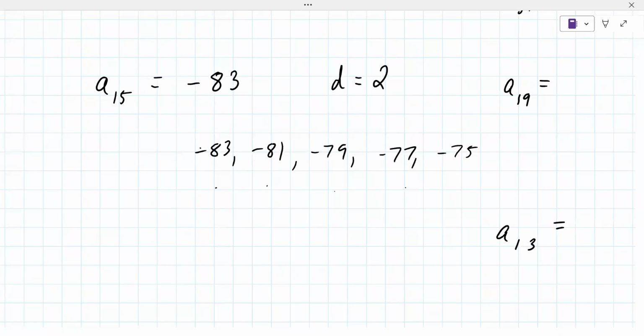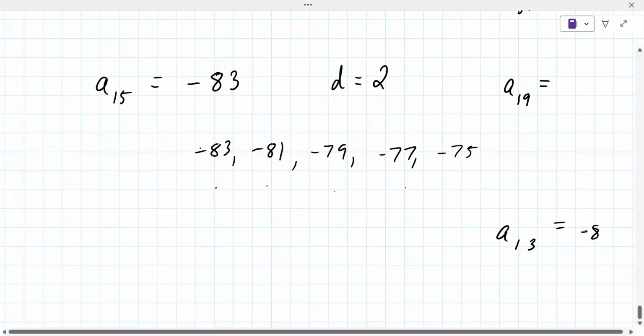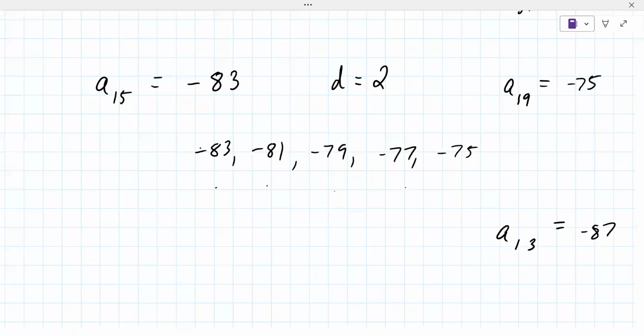So negative 83 minus 2, negative 85. Negative 87. Very good. All right, we're going to go ahead and stop here for today.